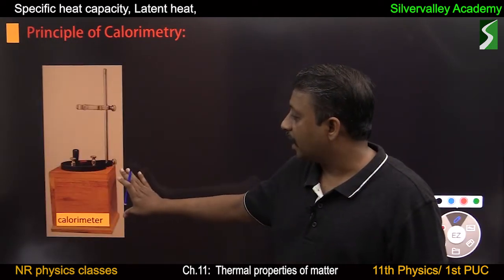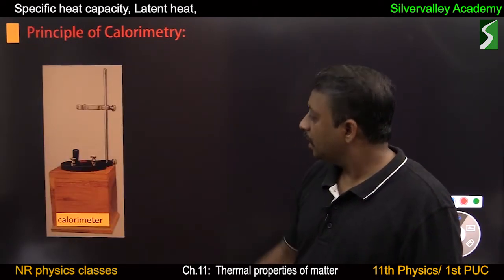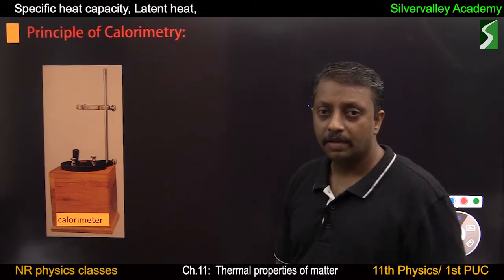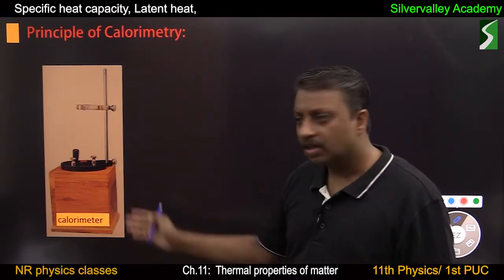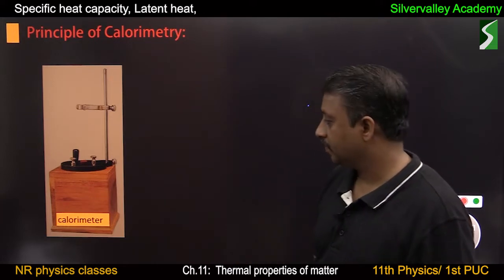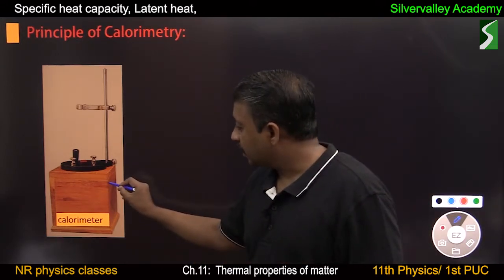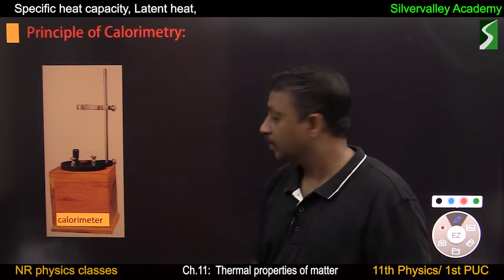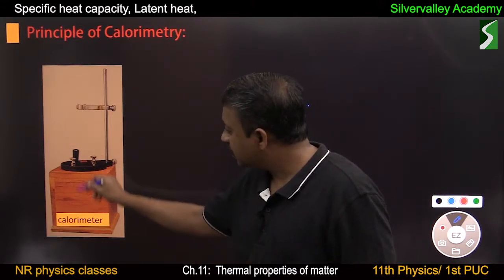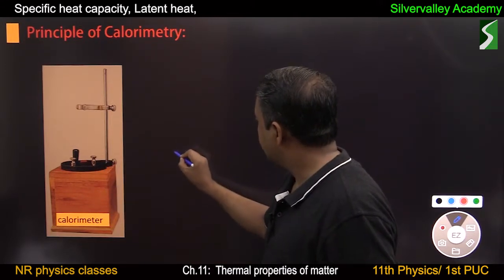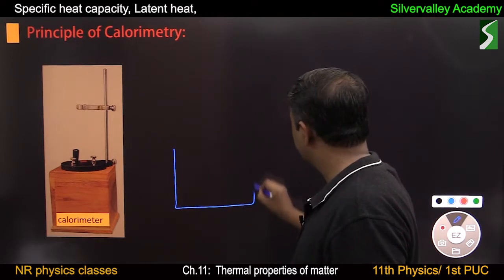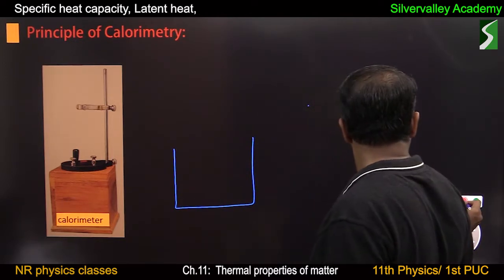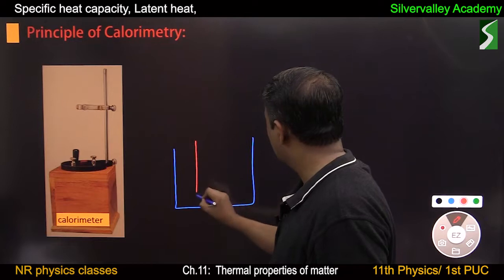This is a simple calorimeter used in our laboratories, 11 standard laboratories, isn't it? Or a similar type you might have seen. There is a wooden container, a wooden box. Inside this wooden box, there is a copper vessel. If this is the wooden box, then this is the copper container.